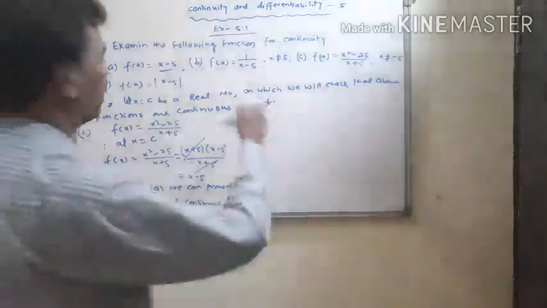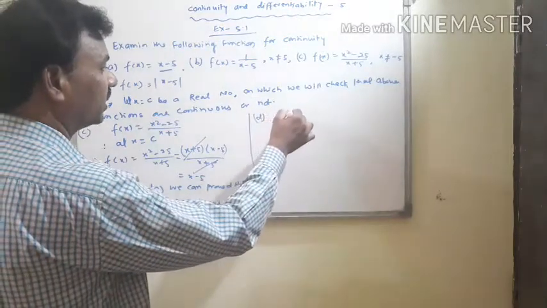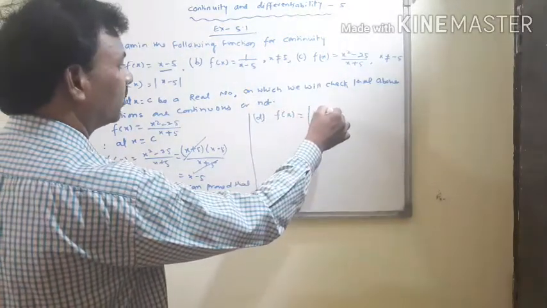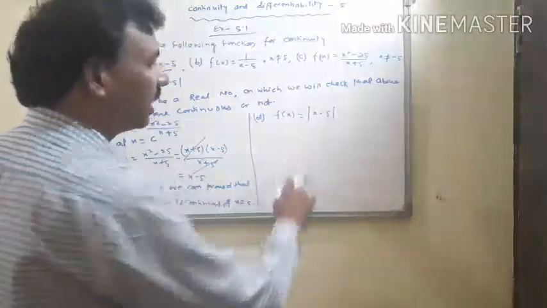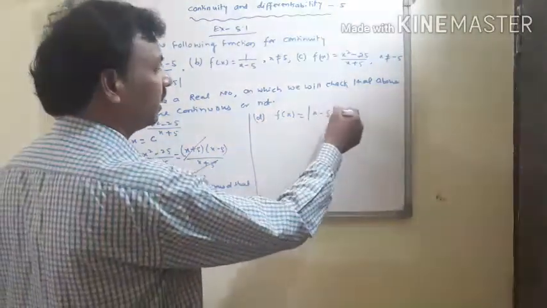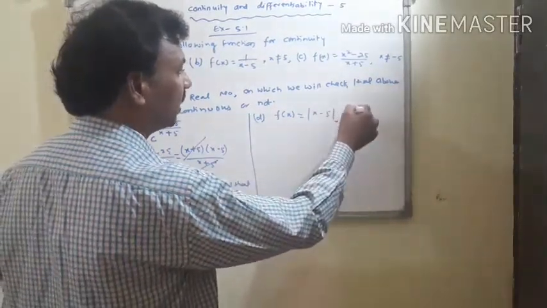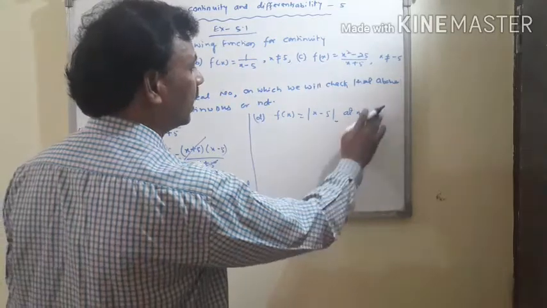Now we will take the fourth part of this question, D. Here the function is given as modulus of x minus 5, and we will check whether this function is continuous or not at x equal to c.